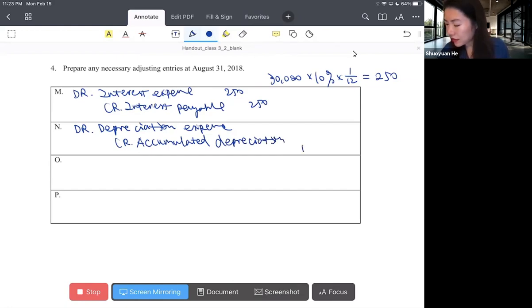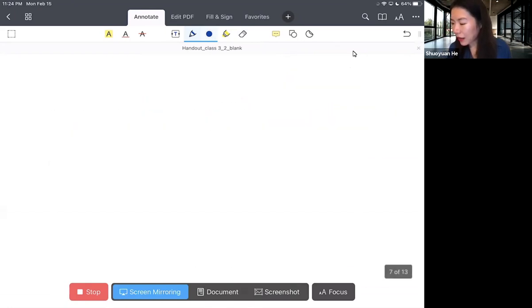So the machine is 18,000, no salvage value, and then divided by 12, multiplied by 3.